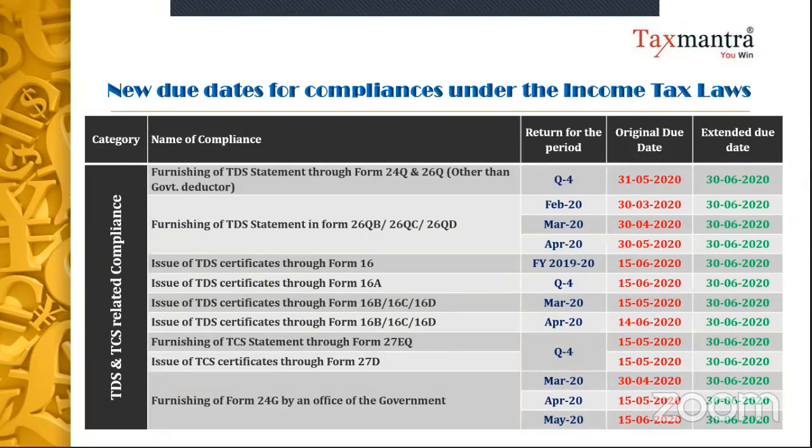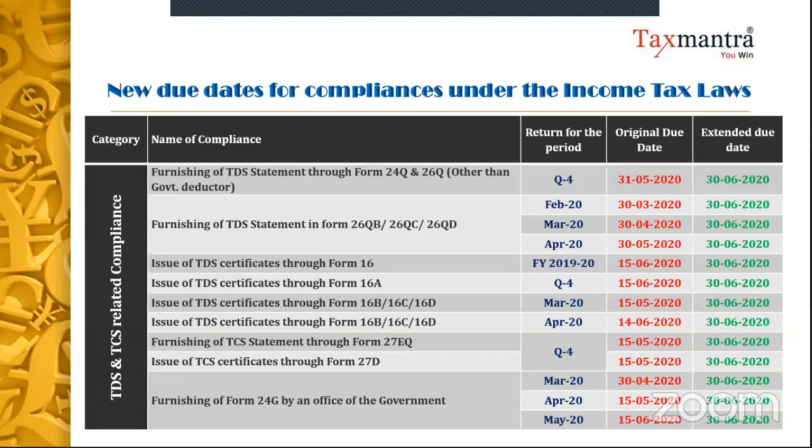Now, TDS statements other than 24Q and 26Q, like 26QB, 26QC, and 26QD, are nothing but TDS on rental property and TDS on sale of property. Those are covered under these sections. Earlier, it was a monthly return for the months of February, March, and April, with due dates of 31st March, 30th April, and 30th May. Also extended till 30th June.